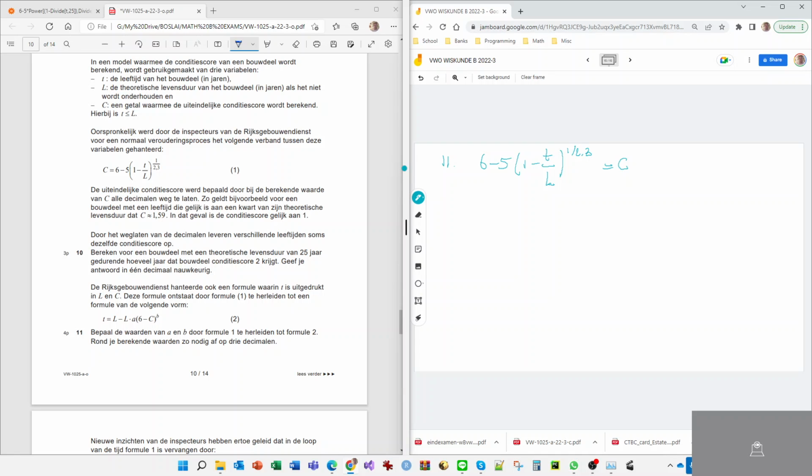By isolating T. So the first thing we should do is move 6 to the right and we divide by minus 5.